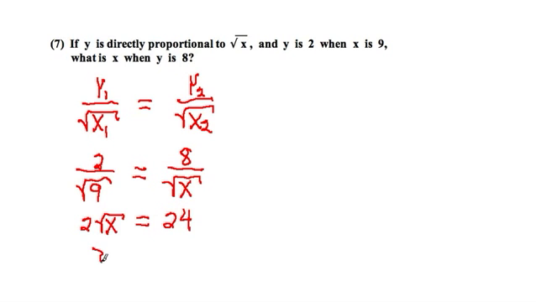Divide both sides by 2, square root of x is equal to 12. And to undo the square root of x, we square it. So x is equal to 144.